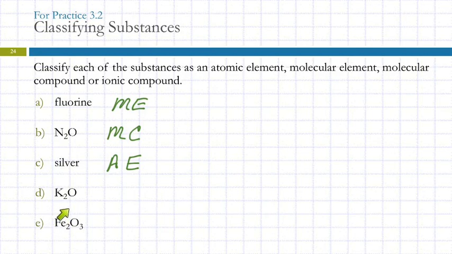How about this one? K2O. Ionic compound. Potassium is a metal. Things like potassium and sodium, you might not think of as metals because we never see things made out of potassium metal because it reacts violently with water. And so you can't even have just a jar of it unless you have it covered in oil, right?